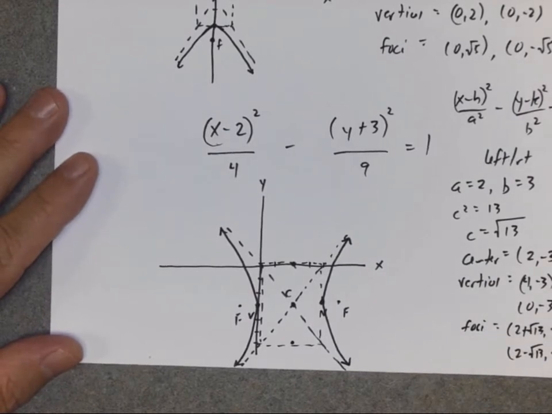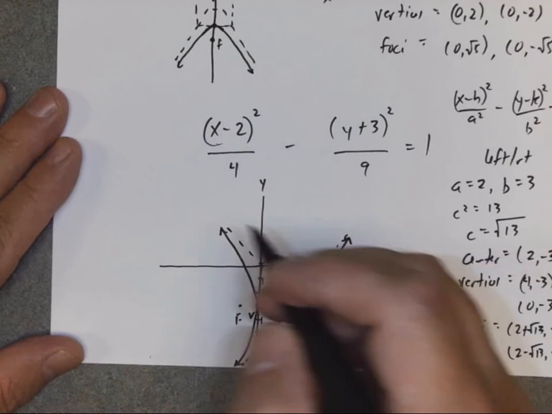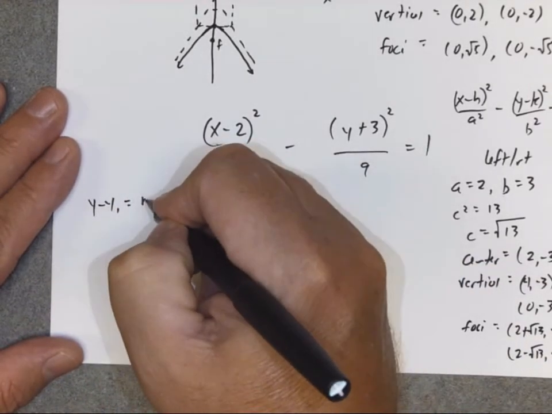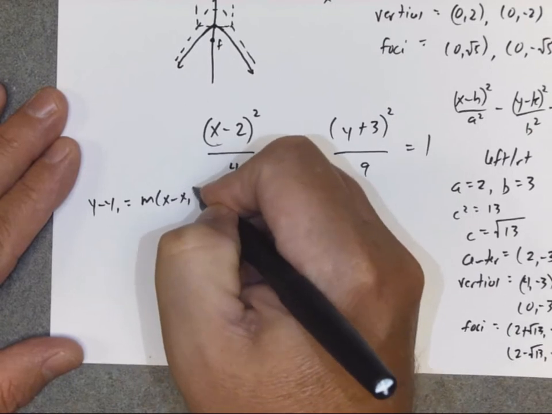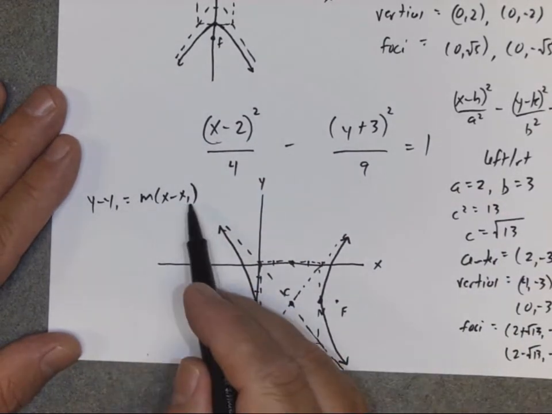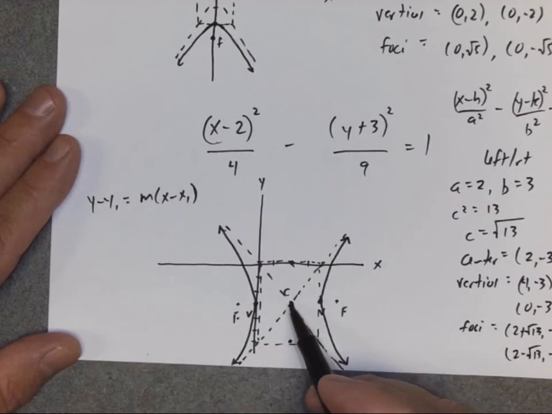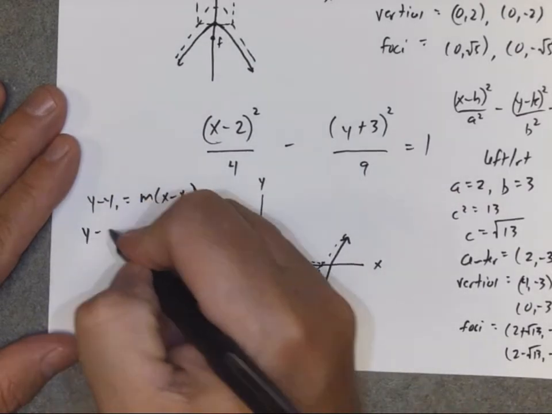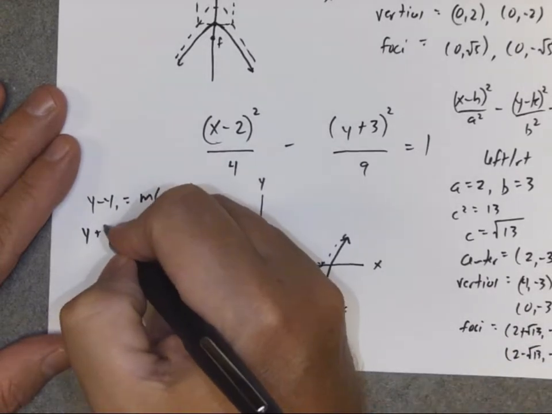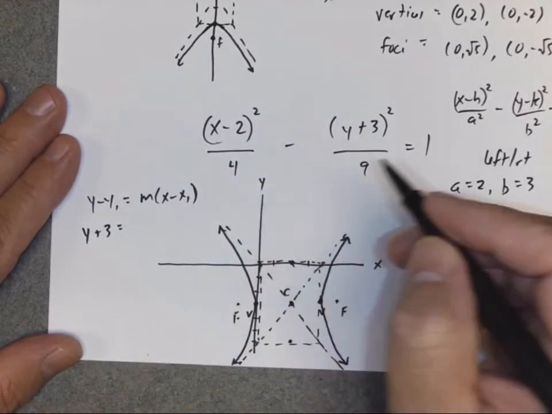Let's use the point slope equation. Let's do the positive one first. Point slope says y minus y1 equals the slope times x minus x1. For my point x1, y1, I'm going to use the center. So y1 is negative 3, so it's going to be y plus 3.